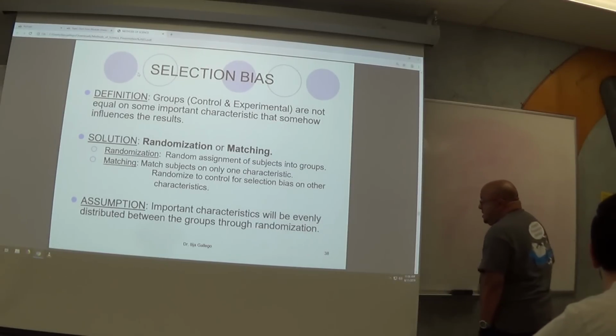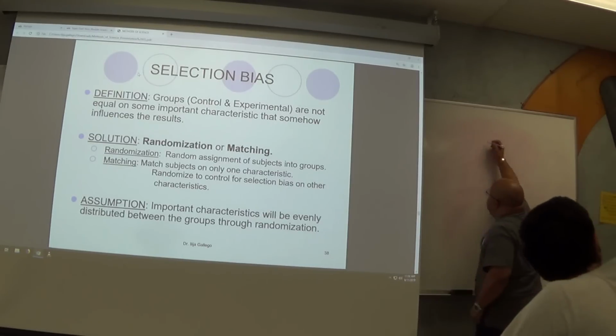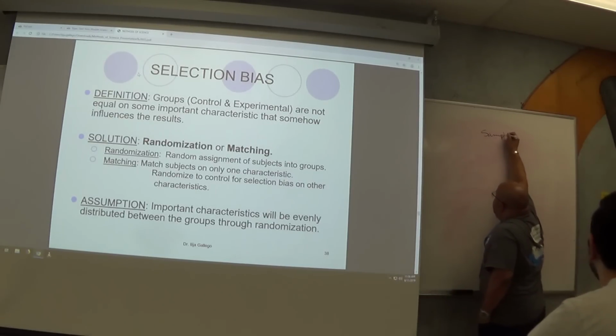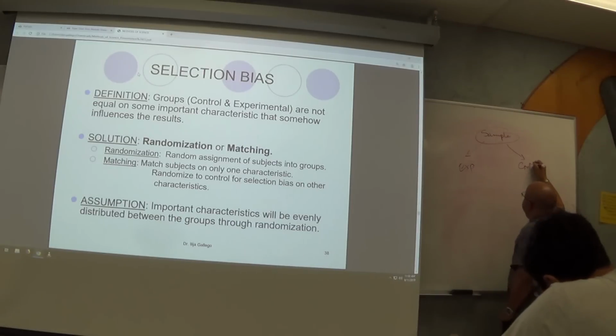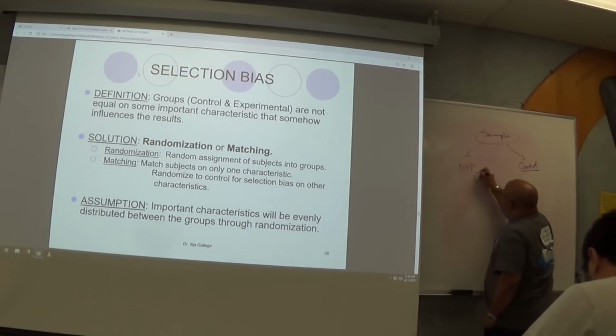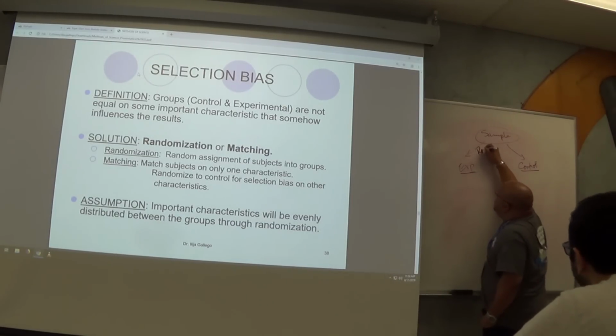Okay. So our experiment again is here's our sample, and we're going to divide it into 2 groups. We have an experimental group and a control group, and we randomly assign people to go from the sample to the groups.